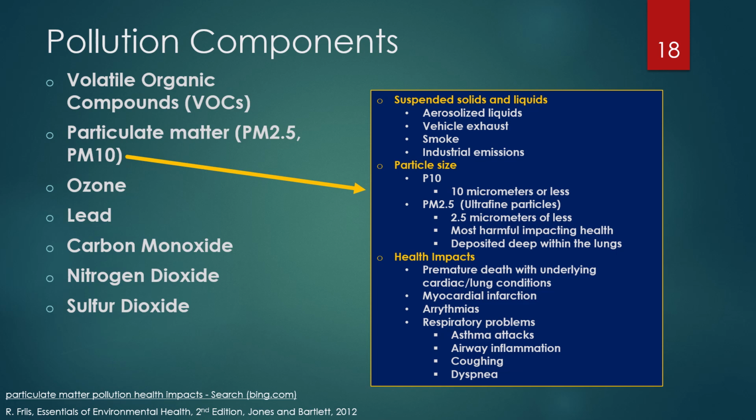Health impacts of particle pollution include premature death in people with underlying heart or lung disease, myocardial infarction or heart attacks, irregular heartbeats or arrhythmias, and respiratory problems including asthma attacks, inflammation of the airways, coughing, and dyspnea or difficulty breathing.